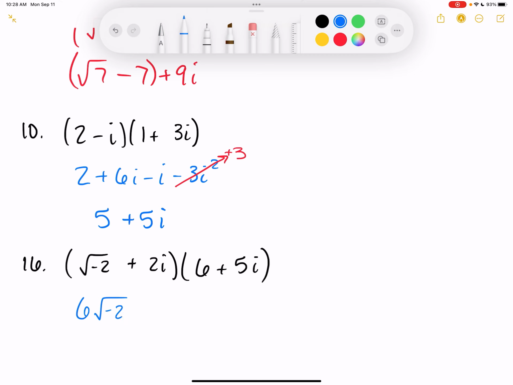Actually, if we want to, we can go ahead and rewrite this first, just to save a step in a minute. The square root of negative 2, we can rewrite that as i square root of 2. So 2i times 6, so that's going to be 12i.